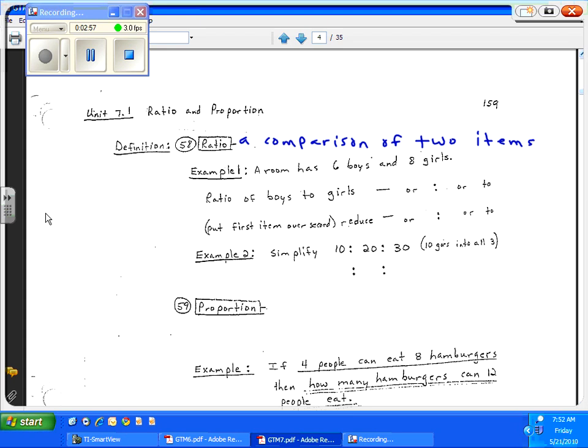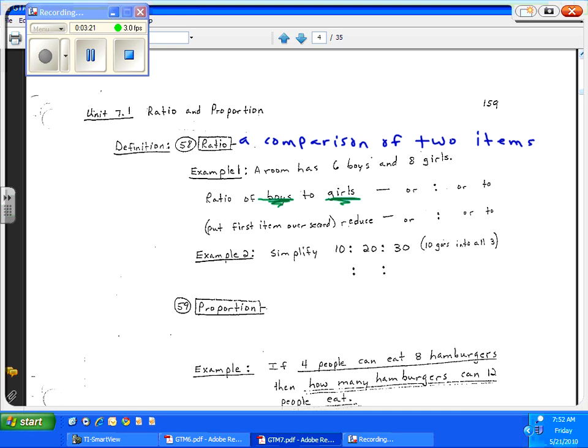You can say, well, what's the ratio of boys to girls in the classroom? It says a room has 6 boys and 8 girls. Now, it says, what is the ratio of boys to girls? On page 51 of the algebra text, we had these rules about ratios. We said a ratio has to be in the order of whatever it said first goes first.